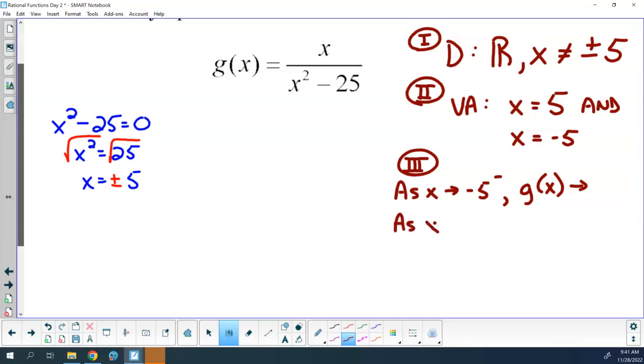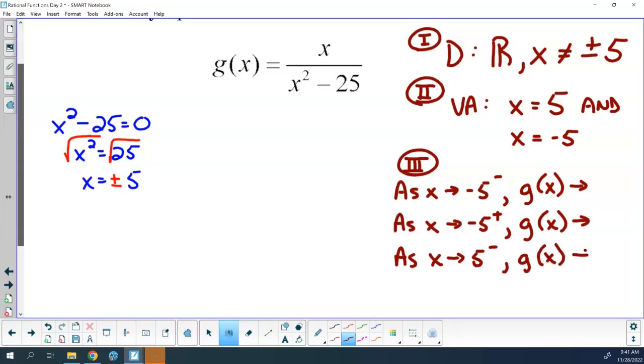As x is approaching negative 5 from the right, what's g of x doing? Then I got to go to positive 5. As x is approaching 5 from the left, what is g of x doing? And as x is approaching positive 5 from the right, what is g of x doing?